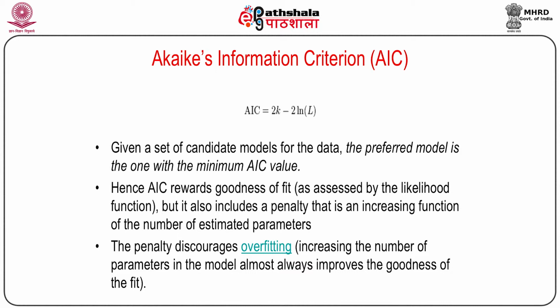So you find that as K increases, the Akaike information criterion increases, and if this is so, we will not choose that model for which the criterion has increased due to inclusion of more explanatory variables. The penalty discourages overfitting, since increasing the number of parameters in the model almost always improves the goodness of fit.